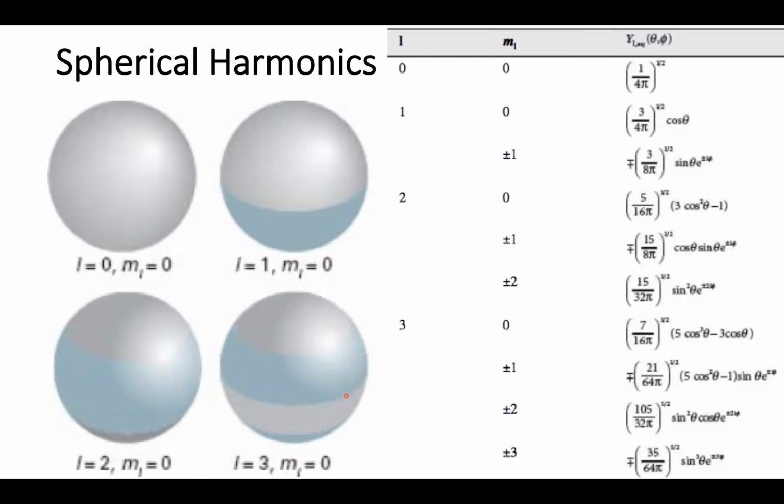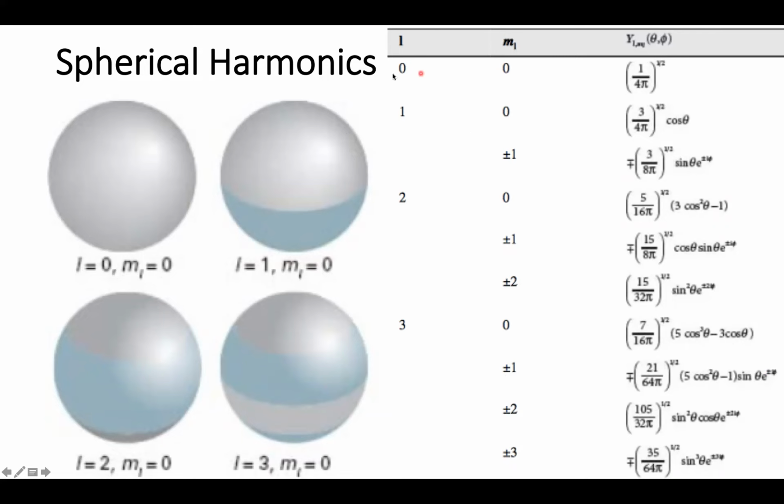So one of the first things you should know is that the spherical harmonics have a dependency on 2 different quantum numbers. So first we have L, and this is the only quantum number that shows up in the energy. But it turns out that our good old friend M sub L also shows up here.